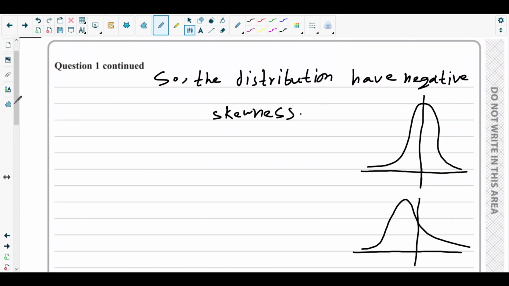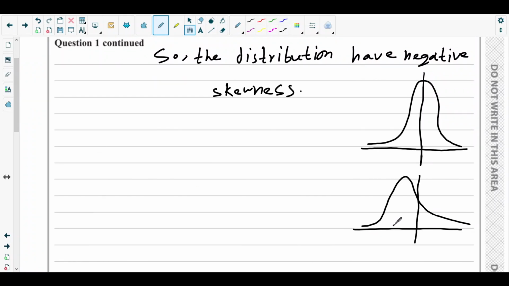The mode will be on the left, and the mean on that side. It is negative skewness because most of the data are on the left of the midpoint.